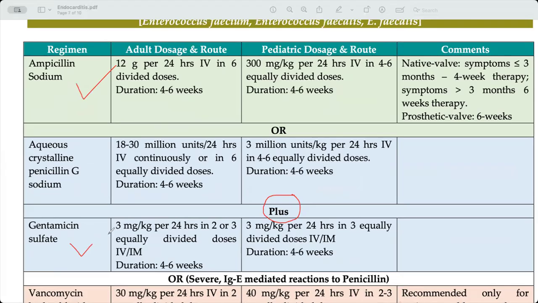The adult dose for gentamicin is 3 mg per kg per 24 hours in 2 or 3 equally divided doses, intravenous or intramuscular, and duration of therapy is 4 to 6 weeks. Pediatric dose for gentamicin is 3 mg per kg per 24 hours in 3 equally divided doses, intravenous or intramuscular, and duration of treatment is 4 to 6 weeks.